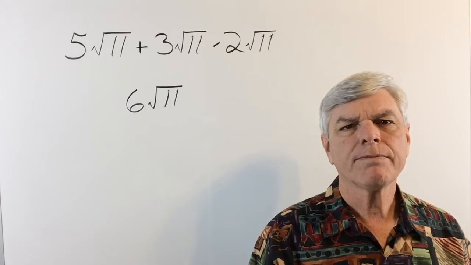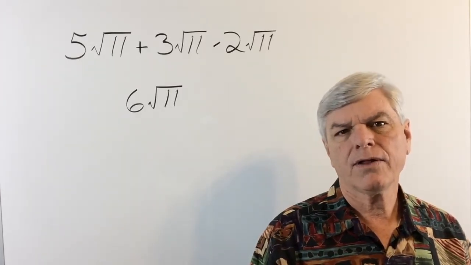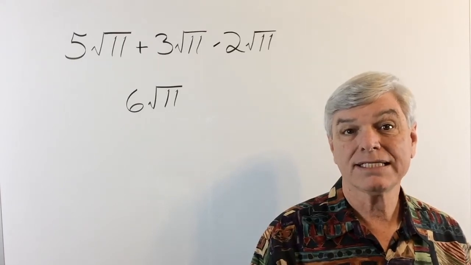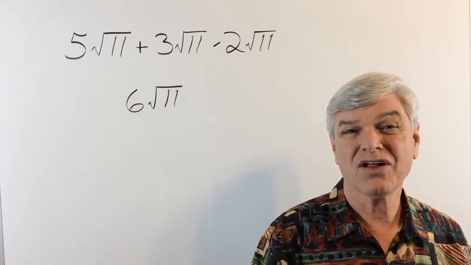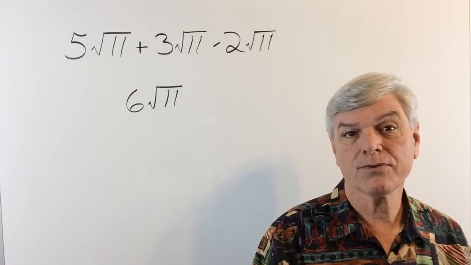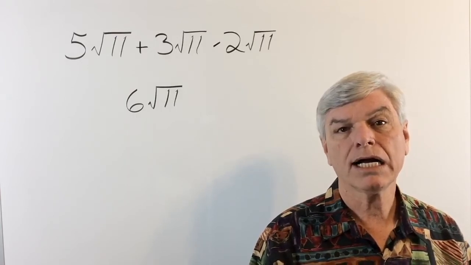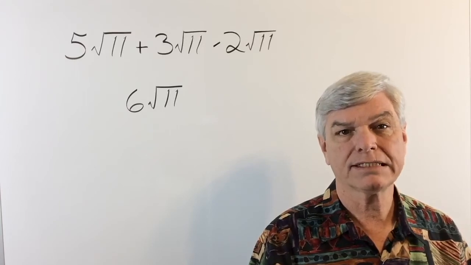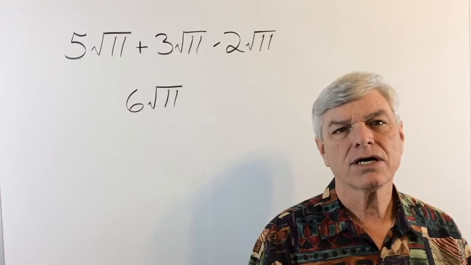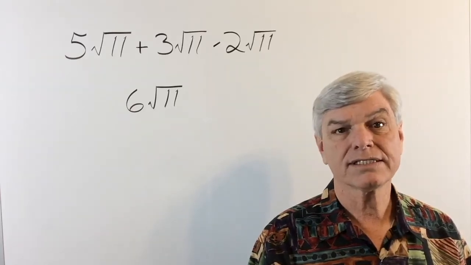So the only way we can add roots is if they're all the same root. They all have to be square roots or cube roots or fourth roots or whatever. We're not going to get into the higher roots because that's starting to sneak into Algebra 2, so this is about as difficult as it's going to get.